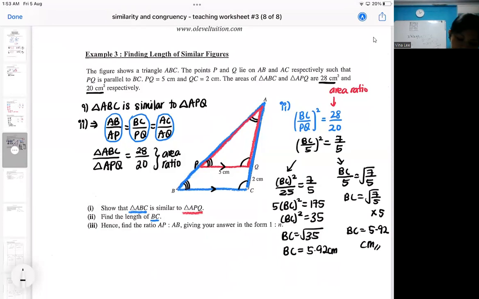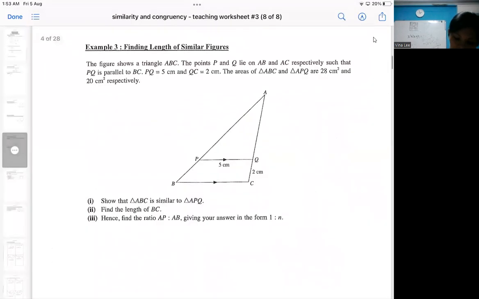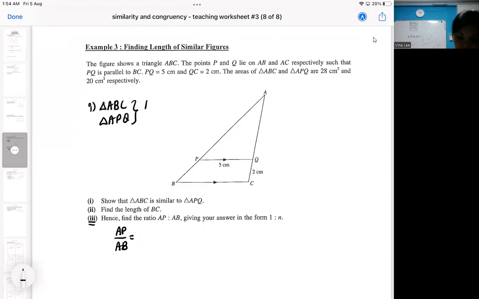Then subsequently, for the last part, I'm supposed to find a ratio. So this is AP over AB. Please retrace back. Just now when we wrote the ratio for these two triangles, from the first part we already wrote out the 3 ratios. So let me do a quick writing of the 3 ratios.